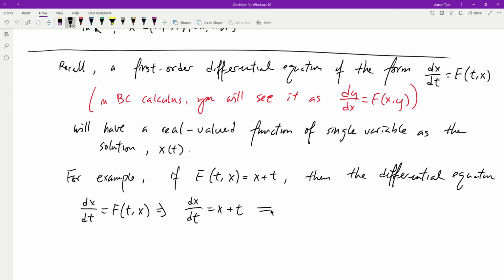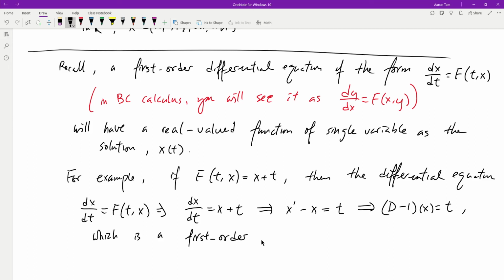And then if I simply rewrite dx over dt as x prime and move the x over, I would have my equation in what we call normalized form. And I can also rewrite it into a differential operator form. We can now see that this is a first order linear non-homogeneous differential equation.